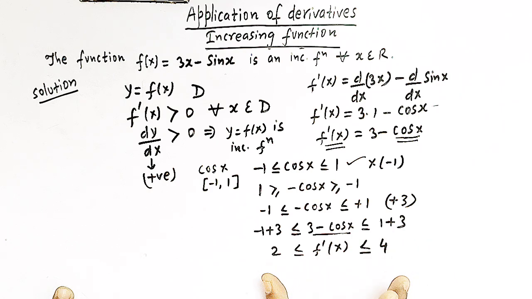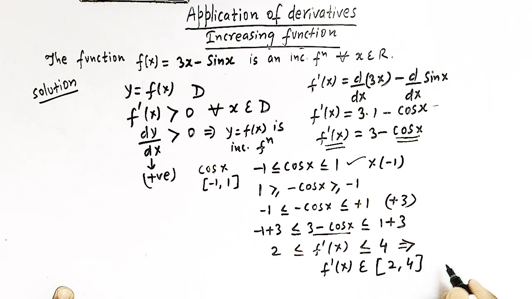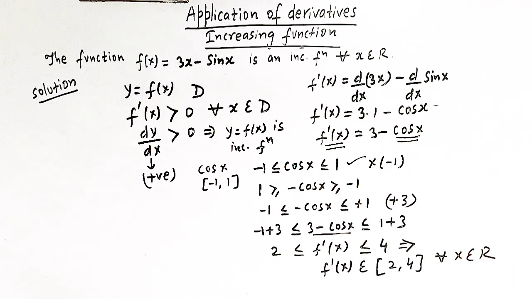So from this inequality we can easily conclude that the derivative lies in the interval 2 comma 4 for all x belonging to the set of real numbers.